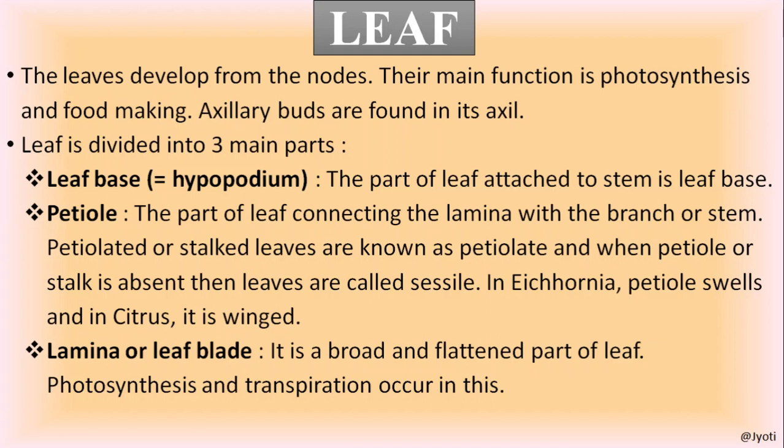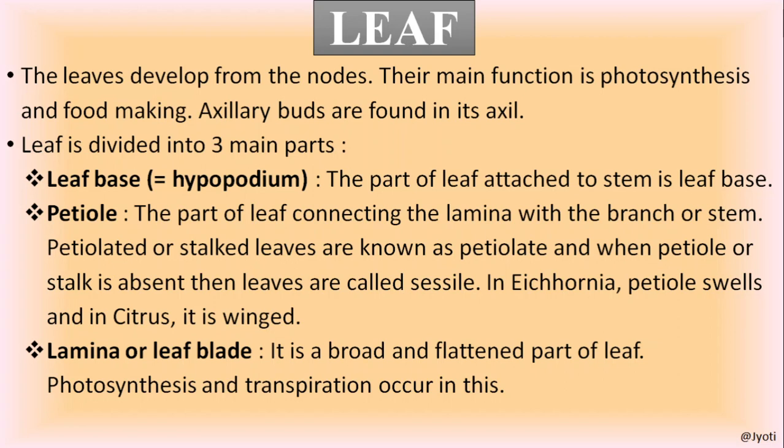Petiole means the stalk by which the leaf lamina is attached to the stem at the node. So if the petiole is present in a leaf, then the leaf is called a petiolated leaf or stalked leaf. And if the petiole is absent, then it is called a sessile leaf.